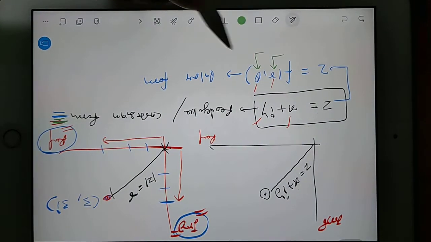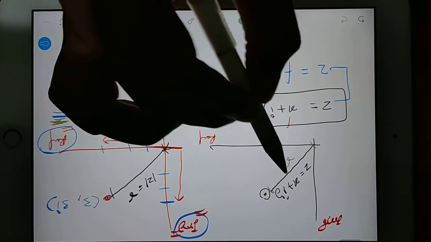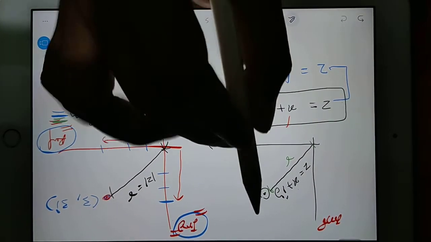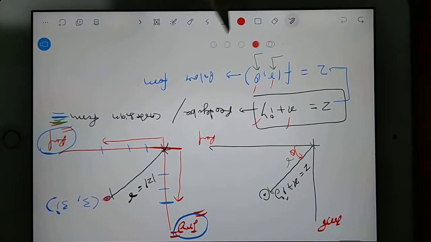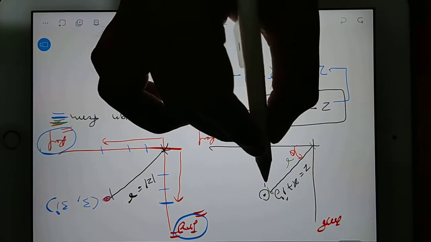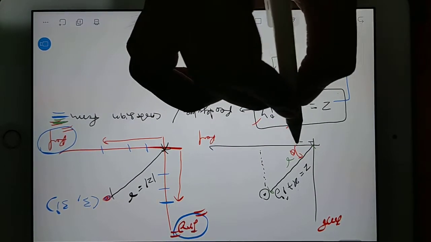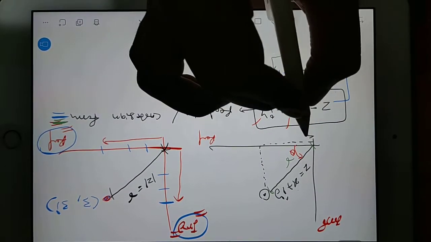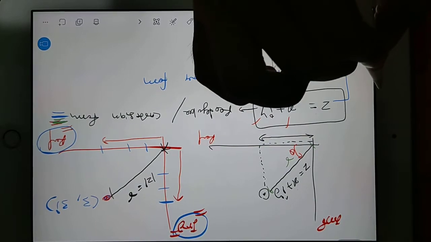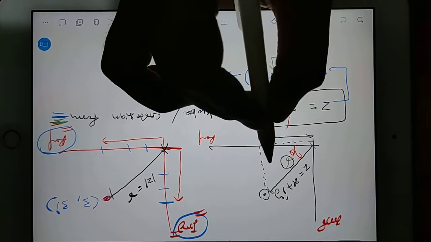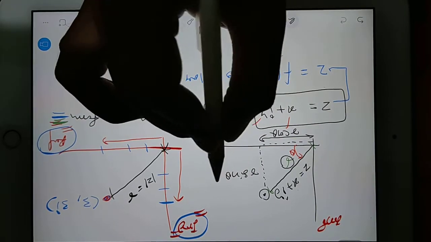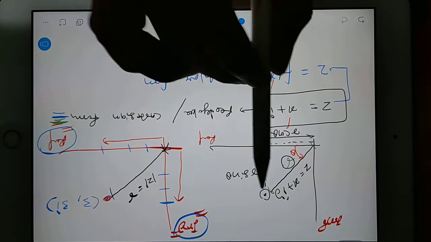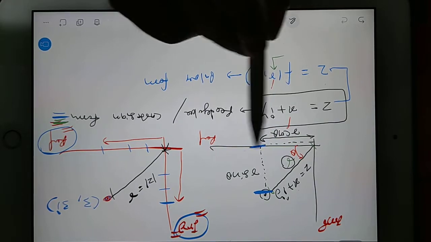But at the same time, this total length is r also. Now this point has a particular angle theta. Because of that theta, if I go for the component division, then as per the r value, this will be r cos theta, and this will be r sin theta.